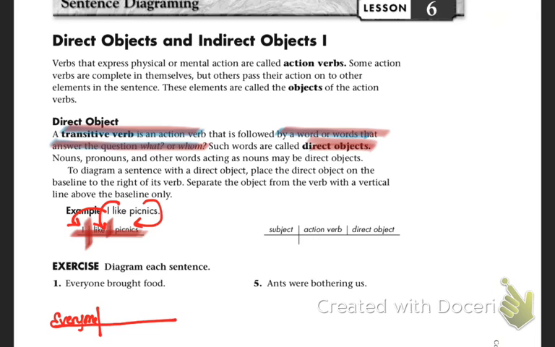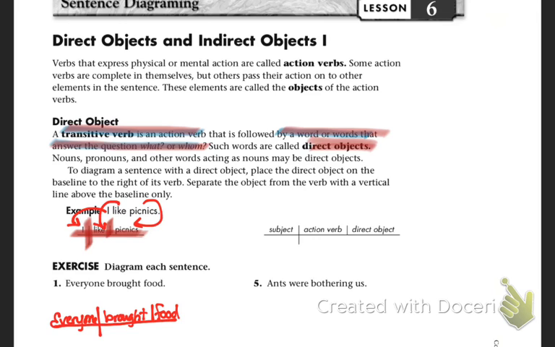Okay. What about everyone? Brought goes in the predicate side. Yes. Brought on the baseline. Direct object line. The who or what line. What did they bring? Food. There it is.